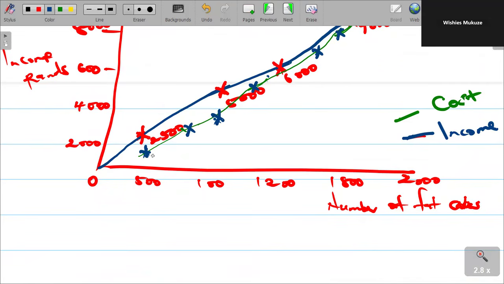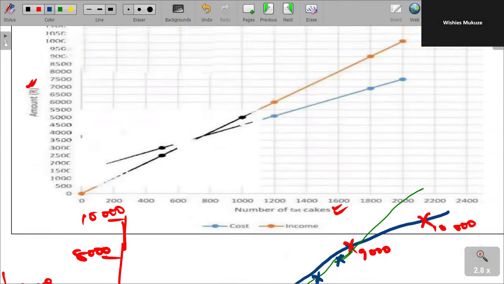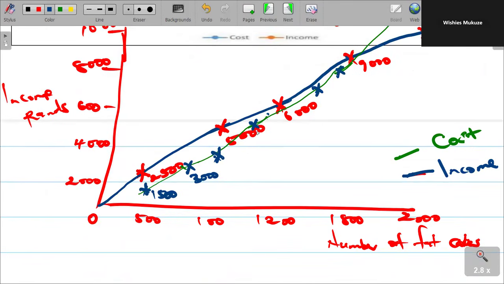So we have got 1.5, we have 3,000, we have got 4.5, 5.1.